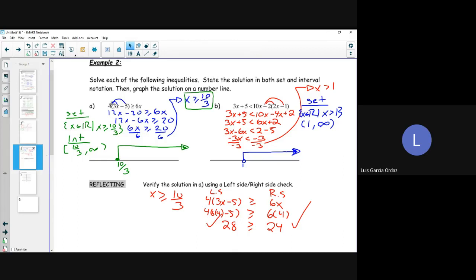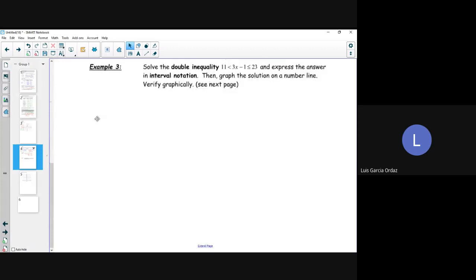Our next example is going to involve a double inequality. So we have two conditions to follow. So we want to solve the double inequality 11 is less than 3x minus 1, which is less than or equal to 23.